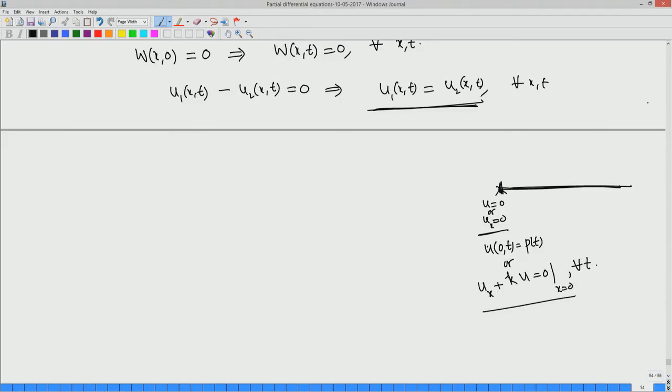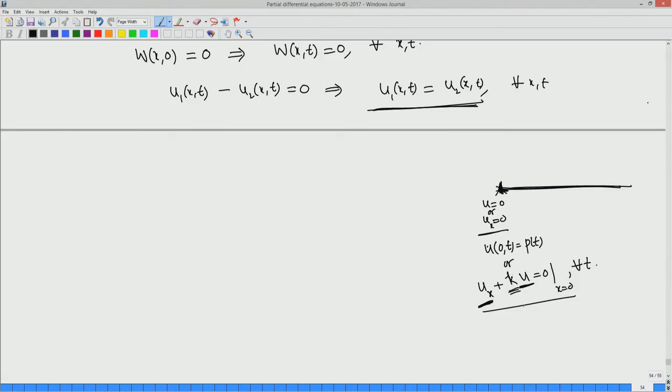This is if you attach the point at x equal to 0 to a spring of stiffness k, so that the slope is actually proportional to the displacement with this constant.